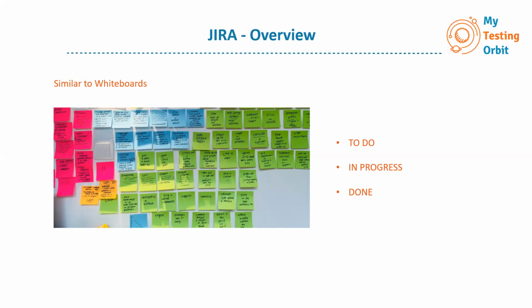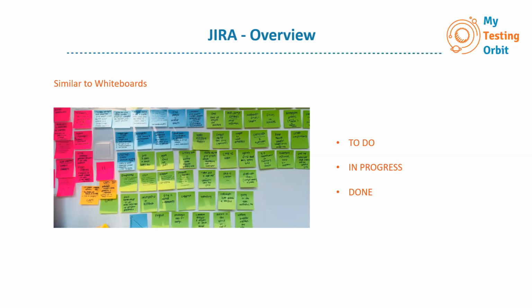But if the teams are distributed in different locations, then the whiteboard concept will not work. Then we need something more digital, which is not manual, and which can be used by all the team members who are in different locations. And Jira is a good option. This is just one of the benefits of Jira.